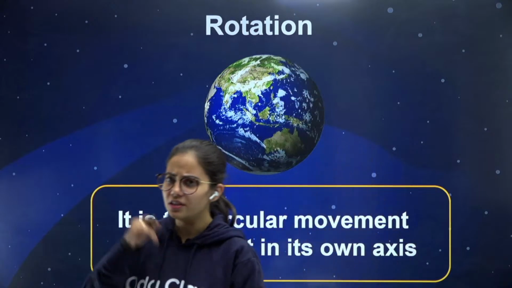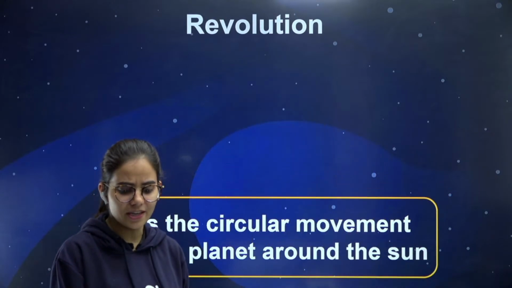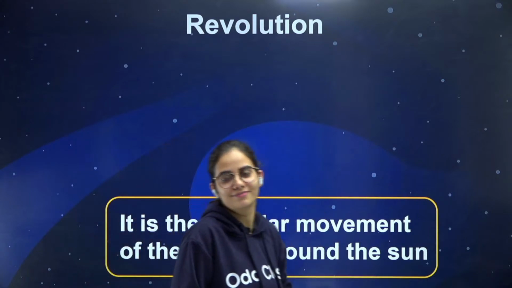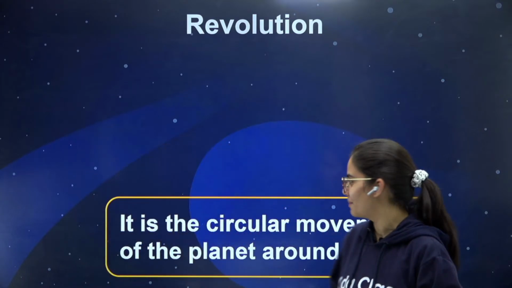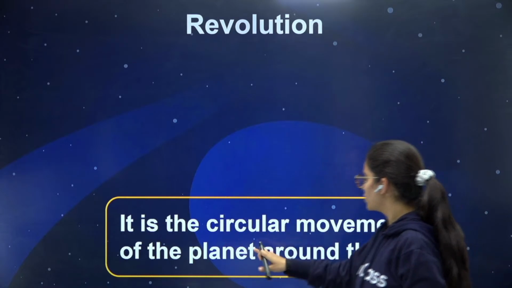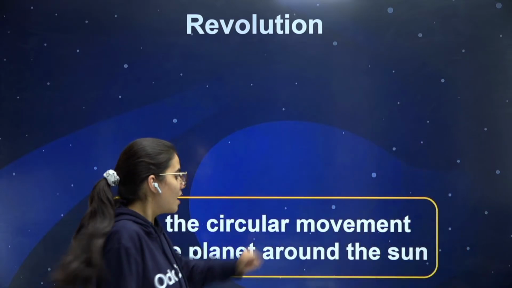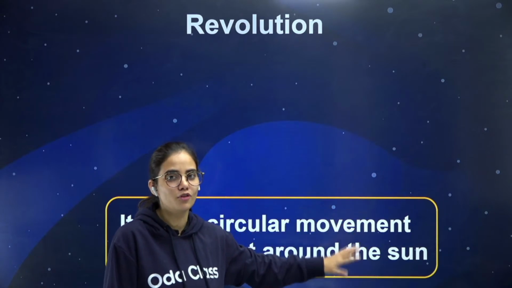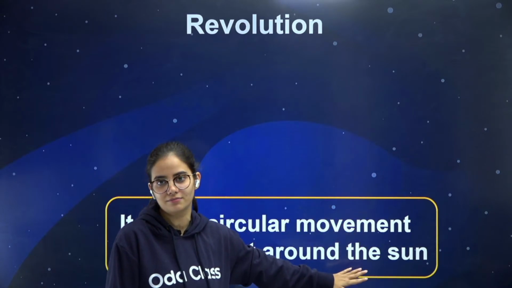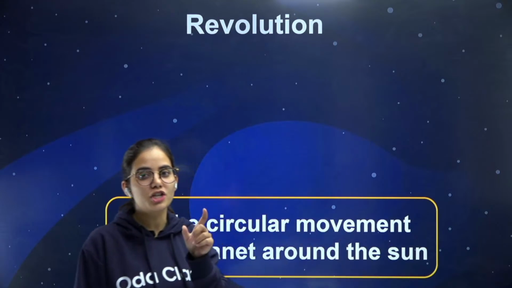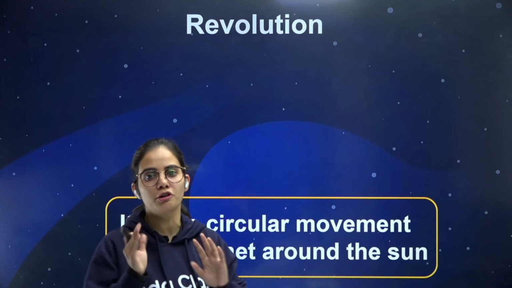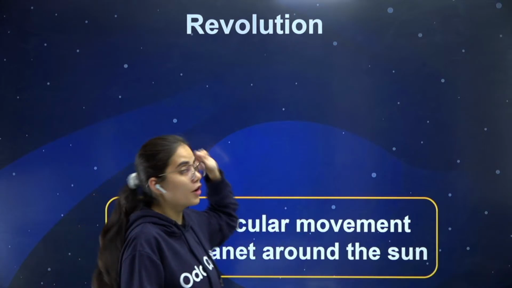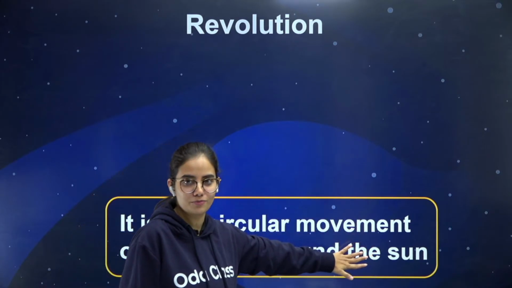Not only the Earth is rotating, but there is one more movement, and that is called revolution. So what's that revolution all about? It is the circular movement of the planet, but around another object, and this movement will happen around the sun. Okay, for rotation the Earth is moving on its own axis. It doesn't require another object, but for revolution we need another object, right?